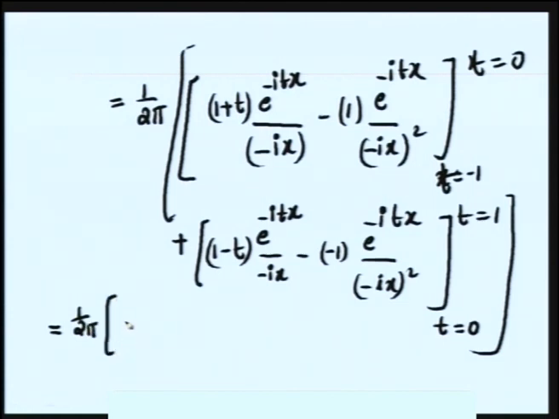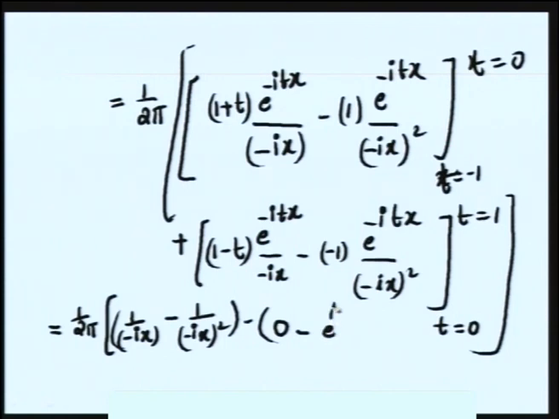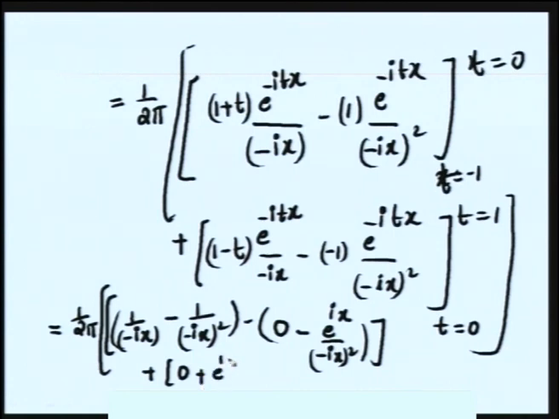First I substitute 0, 0 if I substitute, 1 by minus ix, minus 1 by minus ix whole square, this is for 0, right, minus, next we will substitute t is equal to minus 1. t is equal to minus 1 gives you 0, 0 minus, here when you substitute t is equal to minus 1, e power ix by minus ix whole square, plus, seeing this we have to substitute, so please adjust, and this is 0 and t is equal to 1, plus e power ix by minus ix whole square. Okay.